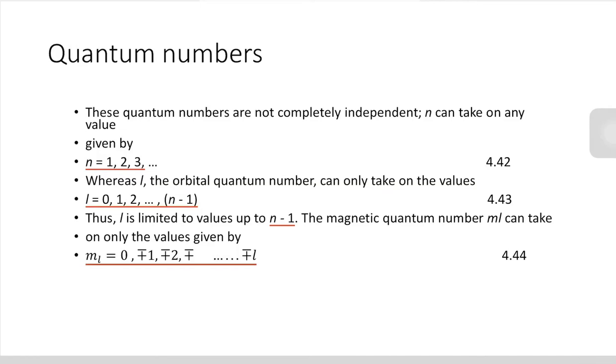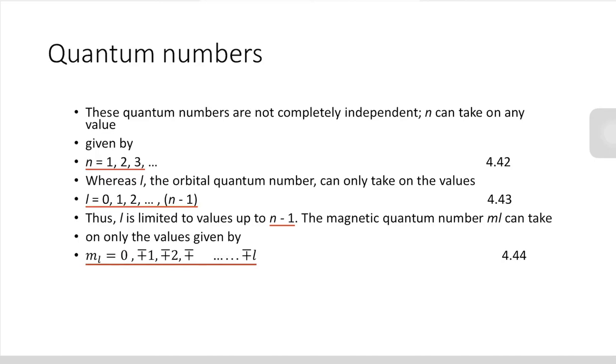These quantum numbers are not completely independent, because n can take on any value given by n equal to 1, 2, 3, etc., whereas L, the orbital quantum number, can only take on the values L equal to 0, 1, 2, 3, up to n minus 1.